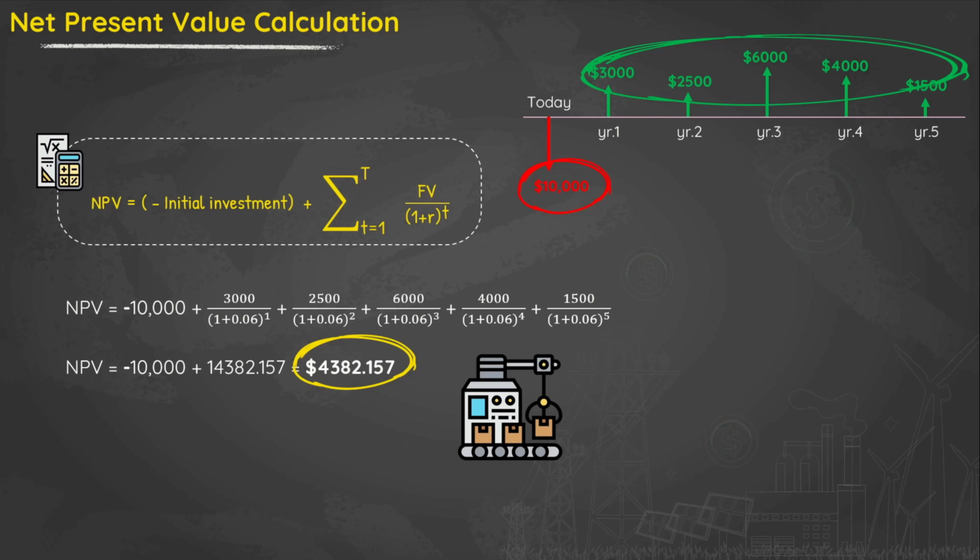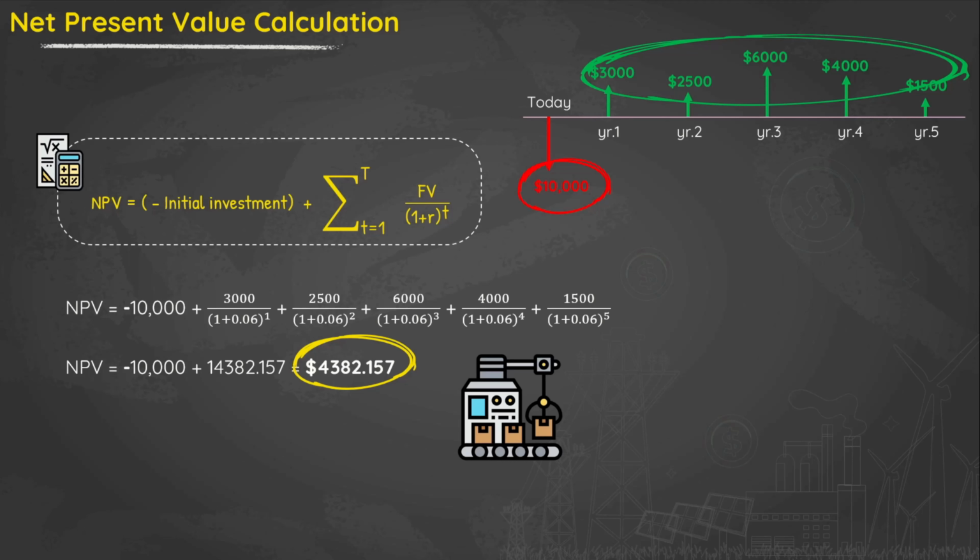Another indication is that a positive net present value means the summation of all present values of future profits exceeds the initial investment. In our case, all profits exceeded the initial 10,000 US dollar investment. We can generalize that any positive NPV is a good sign of profitability, and an investment with a negative NPV will be a loss.